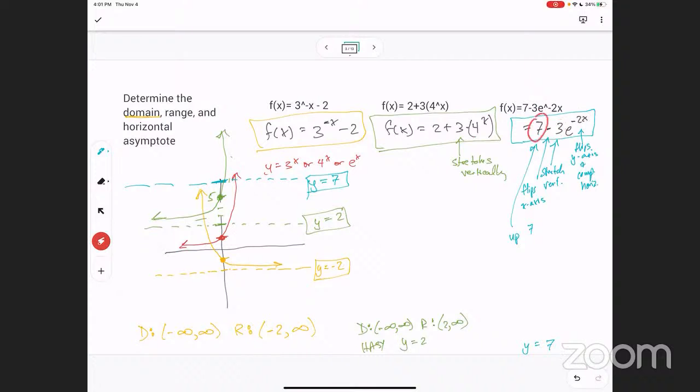But then you're adding 7 to it. So the handle that I'm dealing with is going to be -3. It's going to be 7 minus 3, which is 4. The point is at 4, right?